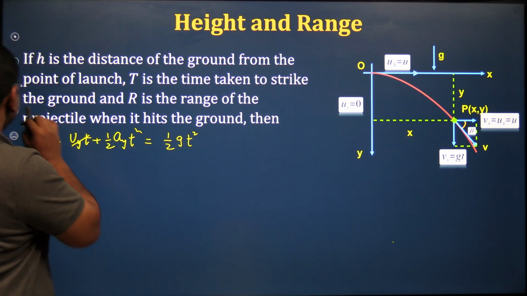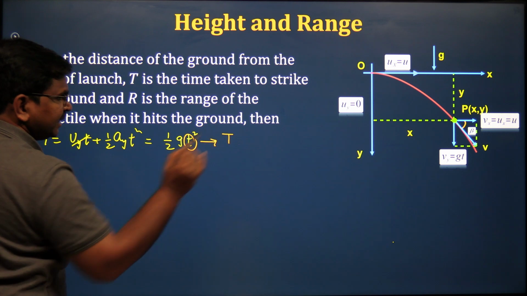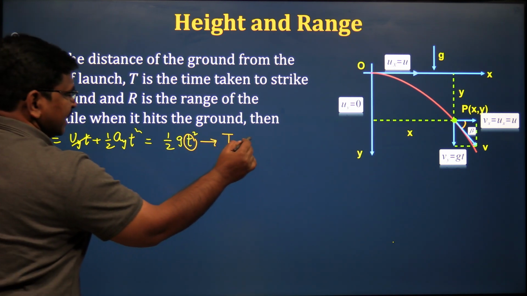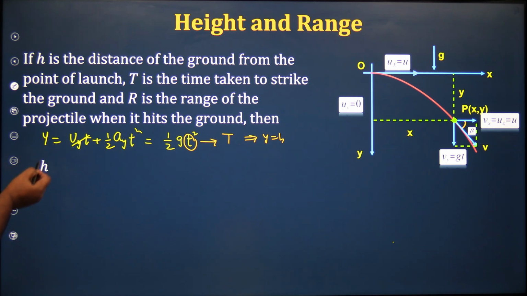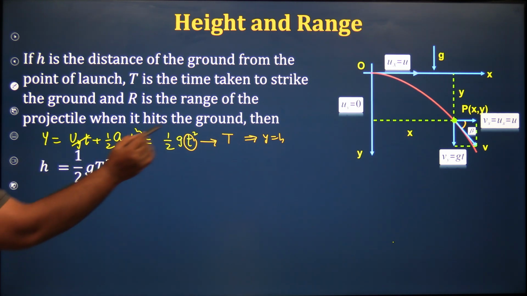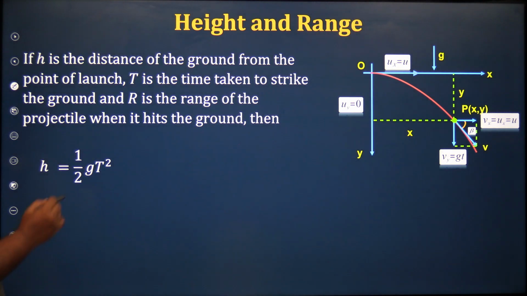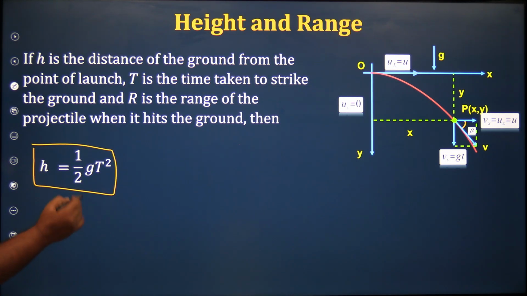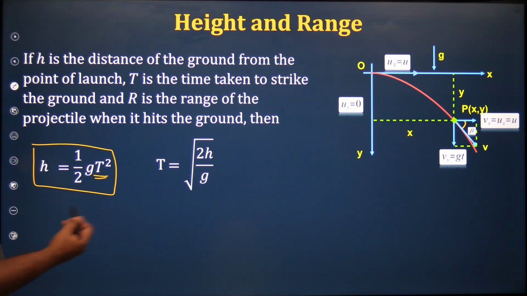So whenever the t value equals capital T, then this y is going to be h. So I can write in place of y, h equal to half g, and in place of t I can write capital T. Now this is the height, and from this I can get the expression for T: T equal to square root of 2h by g.